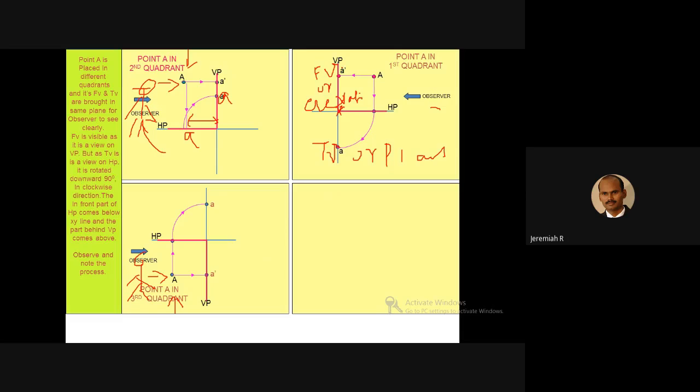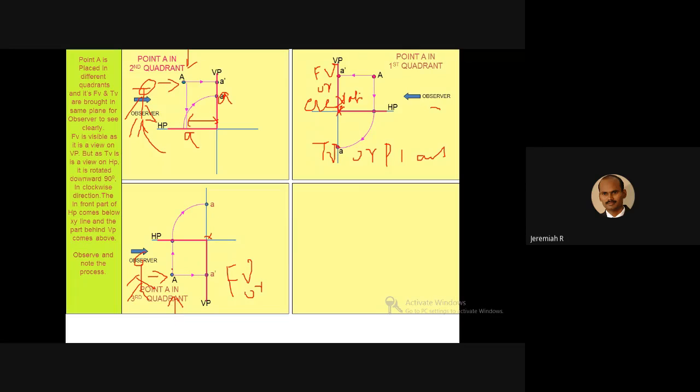In the first quadrant, the front view is above the XY line, but below the XY line you get the top view. Here, where are you getting the front view? This is the XY line. You are getting the front view, or elevation, below the XY line.